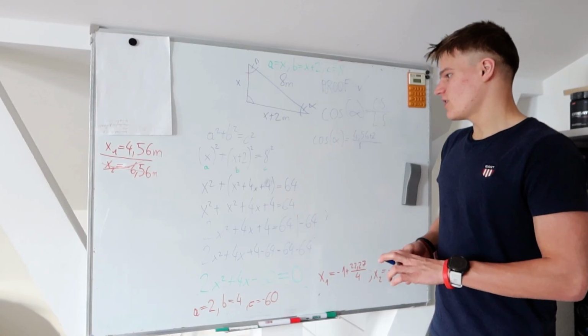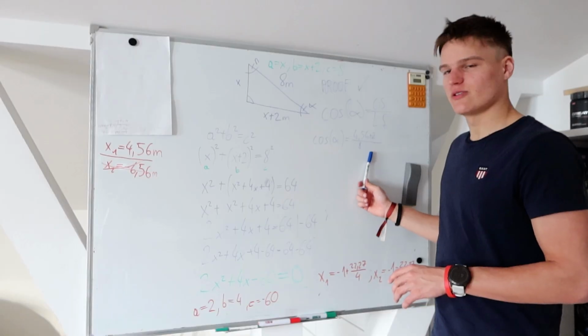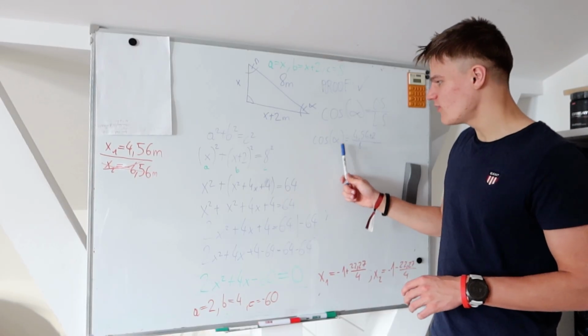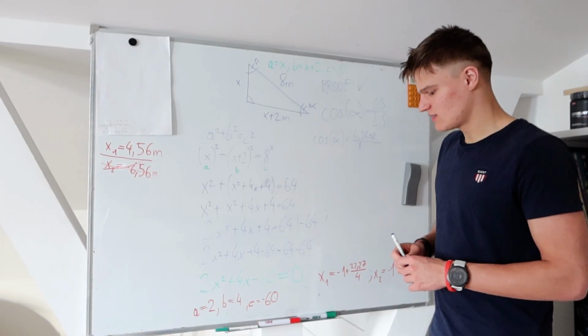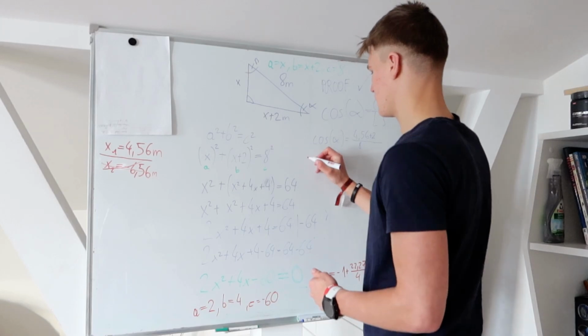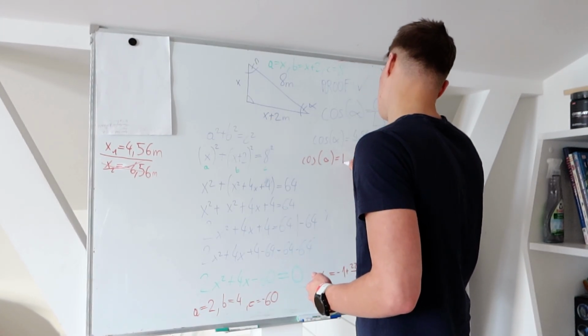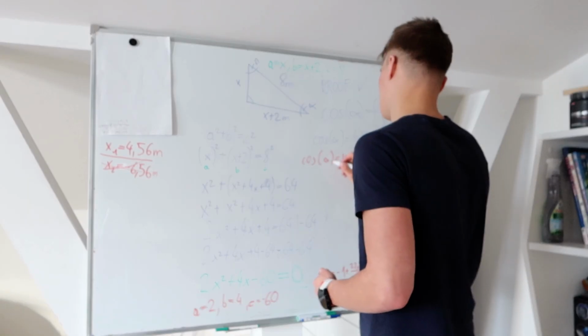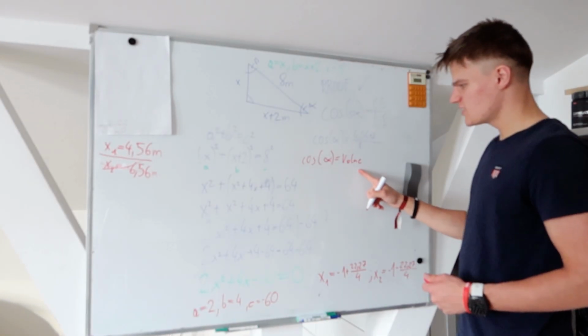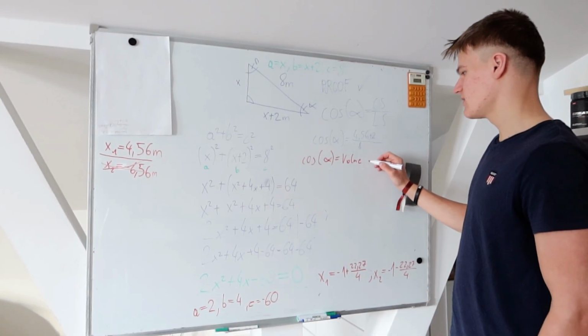So cosine of an angle gives you a value. Let me actually write this down in red. So cosine of an angle is value. And remember, this value, where can it be, right?